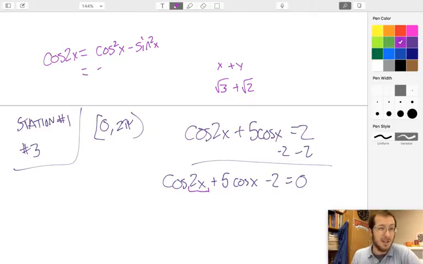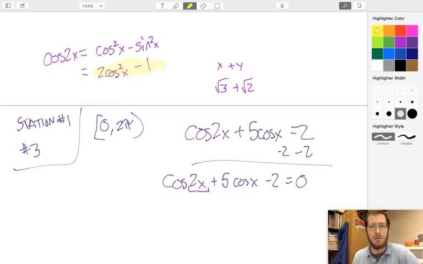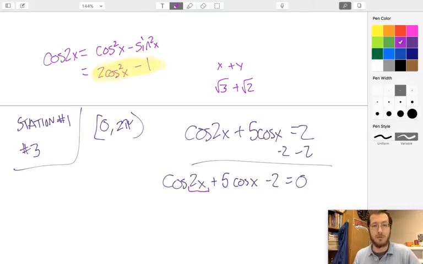The next one is 2 cosine squared of x minus 1. And I think this is the one that we want to go with because we really only want one type of trig function here if we can help it. Okay, and with this one, we don't have to mess with any sines. We've just got cosine. So I'm going to replace all of this with 2 cosine squared of x minus 1. And then I'm going to bring down the rest of my equation. So plus 5 cosine of x equals 0.